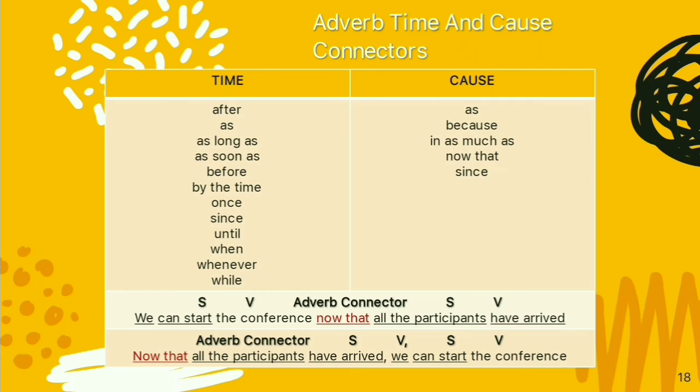Now that as adverb connector, all the participants as subject, have arrived as verb, comma, don't forget to put a comma. We as subject 2, can start as verb 2.